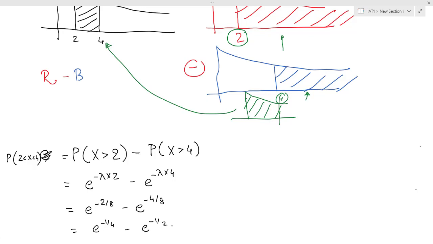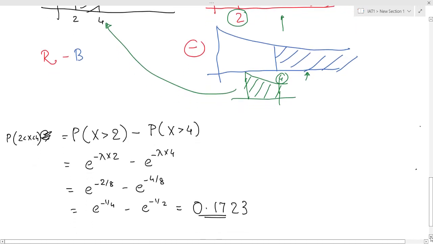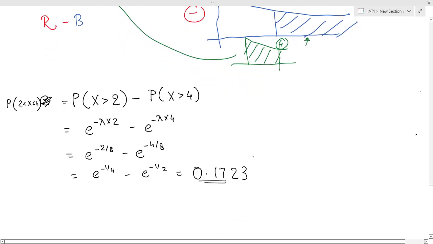I will just put this in the calculator: e raised to minus 0.25 minus e raised to minus 0.5. The answer is coming out 0.1723.